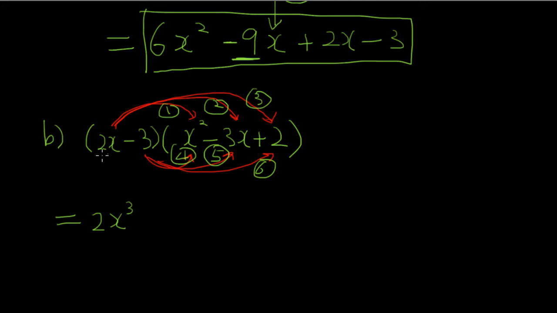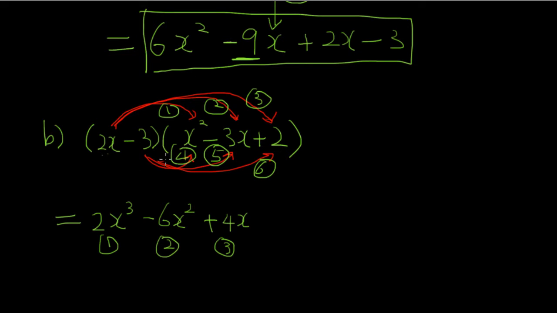Let's multiply the numbers. 2 times negative 3 is negative 6. Now x times x, x squared. This is the second. 2x times 2, that would be plus 4x. This was the third. So we finished this top part.